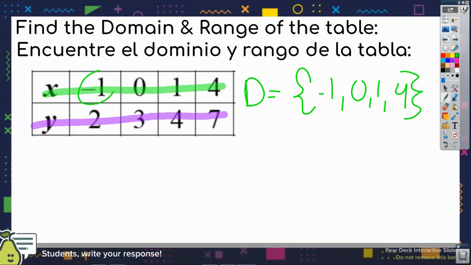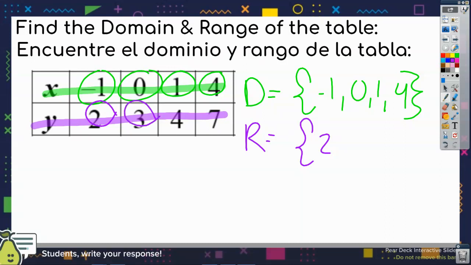So I listed all of my X values. What about my Y? R for range equals fancy bracket, and we have 2, 3, 4.